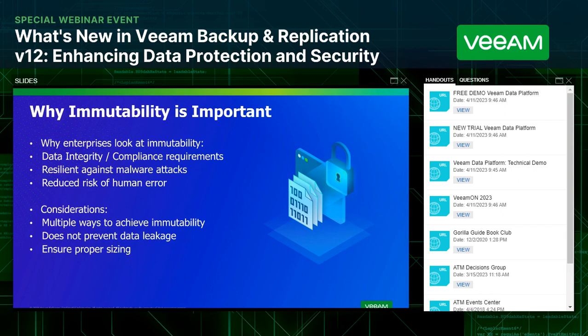So what is it, right? It's the ability to essentially lock a file so that it can't be altered. So if it's sitting on immutable storage, that means it can't be encrypted by ransomware. It means it can't be deleted, and it safeguards it.